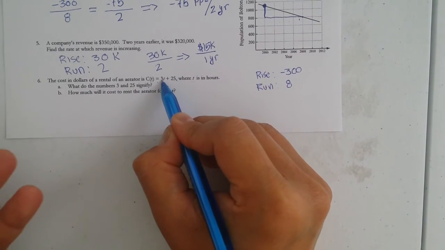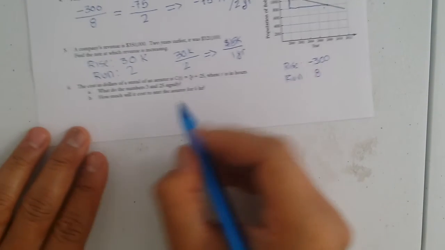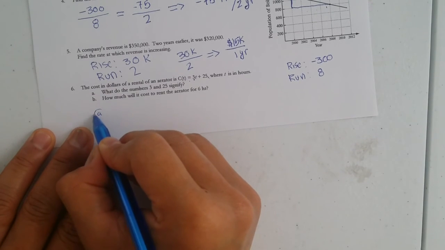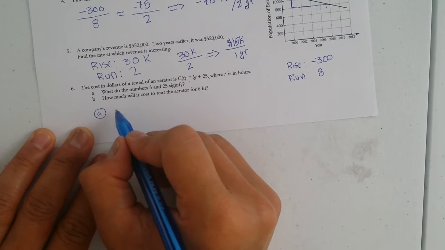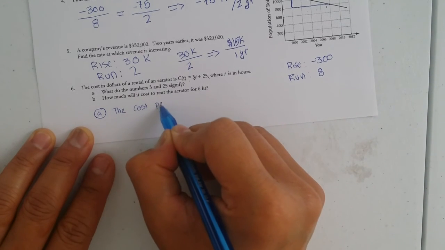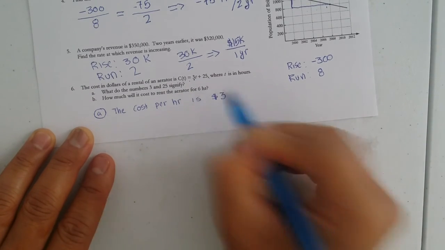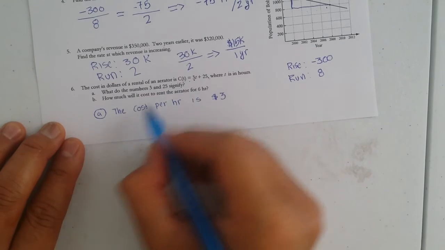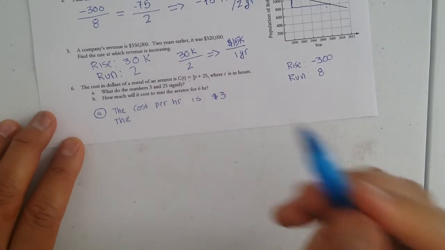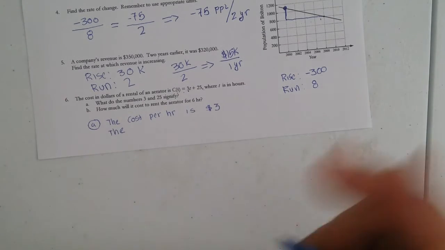3 is the slope. The slope is the rate of change. The rate of change refers to the cost per hour, okay? So for part A, the cost per hour is $3. 25 is your y-intercept, and that's the initial charge.